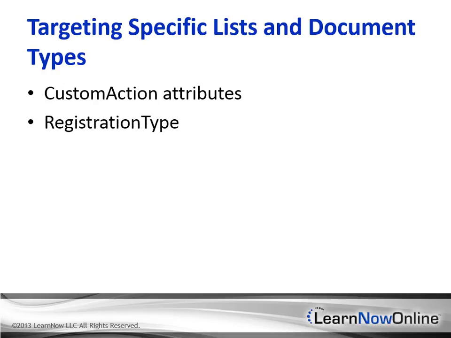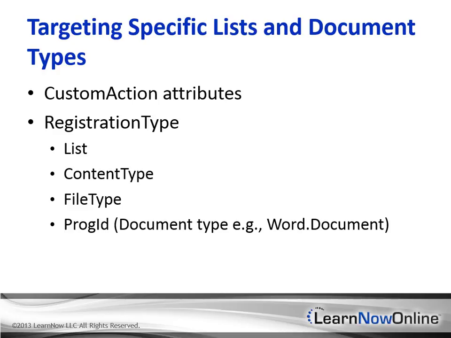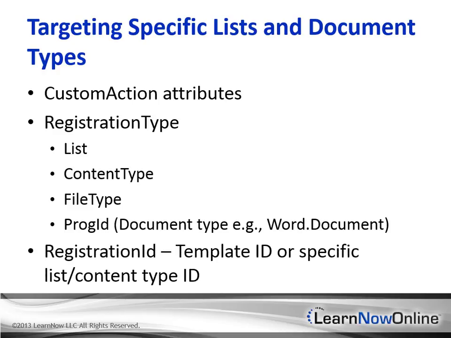The registration type attribute allows four values: list, content type, file type, and prog ID, which is basically like document type, like Word.document. And the registration ID attribute allows you to specify a value based on the registration type. For example, a list template ID or a content type ID.